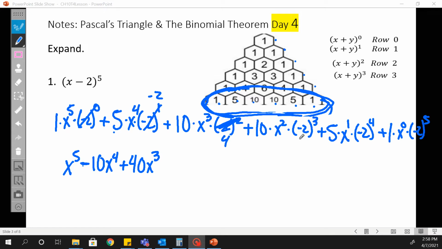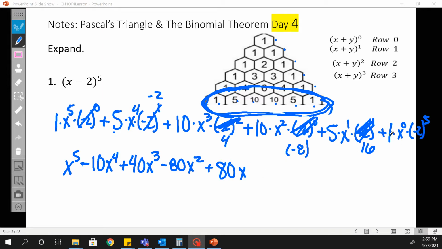The next term, negative 2 to the 3rd power is negative 8. So I got 10 times x squared times negative 8. It's negative 80x squared. The next term, I have negative 2 to the fourth, that is 16. So I got 5 times x times 16. Five times 16 is 80, so this is plus 80x.